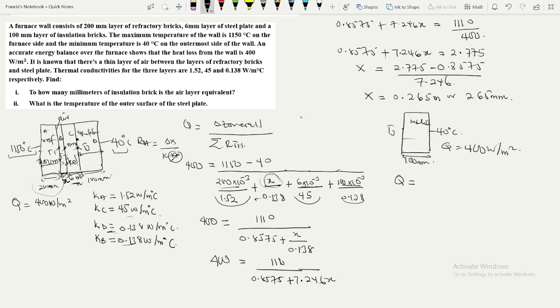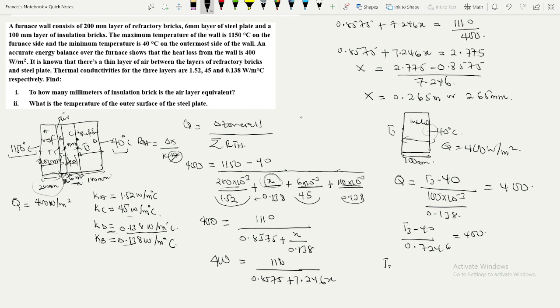So Q equals change in temperature, which will be T3 minus 40, because this will be at a higher temperature than this, all over our thickness, 100 times 10 exponent minus 3, all over K. The K here is the K of the insulation, and that is 0.138, and this is equal to 400.